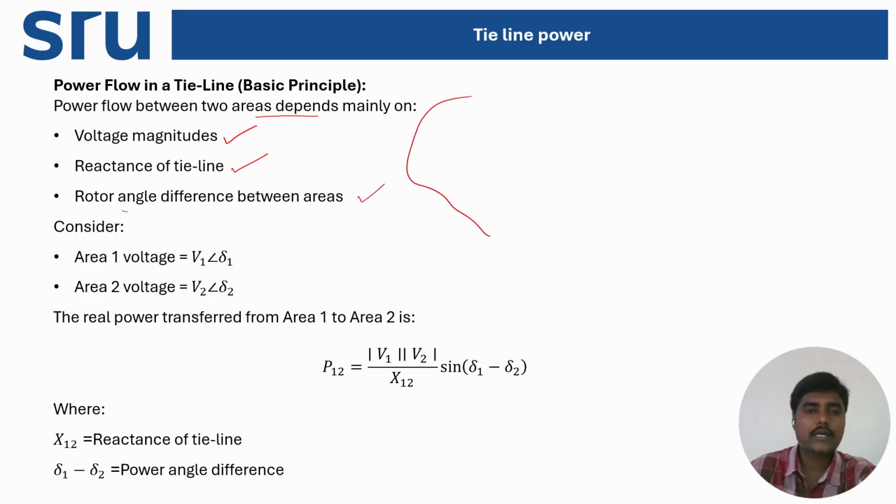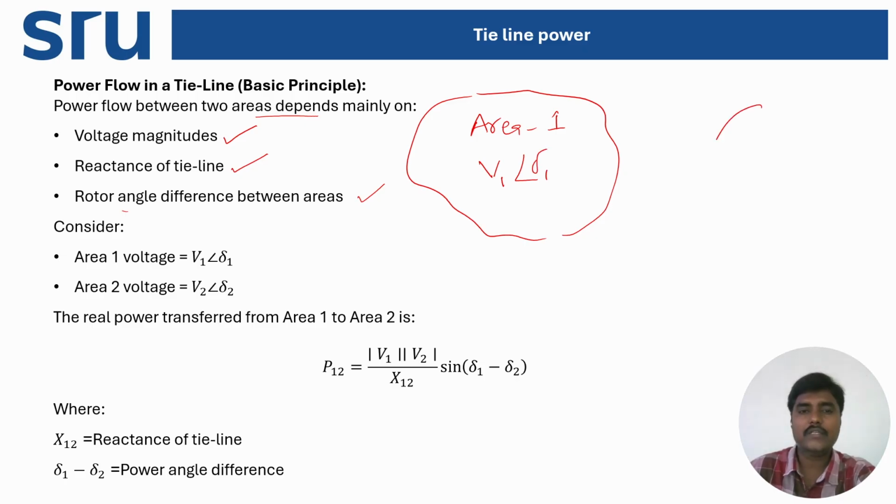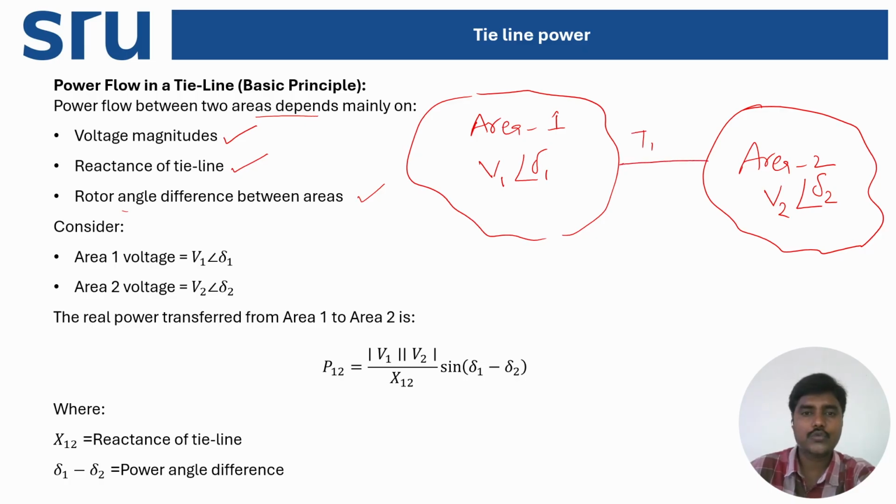Let's say control area 1 has voltage V1 at an angle of delta 1. And there is another control area, area 2, having voltage magnitude V2 at an angle of delta 2. Now, this is the transmission line connecting these two areas, called the tie line.